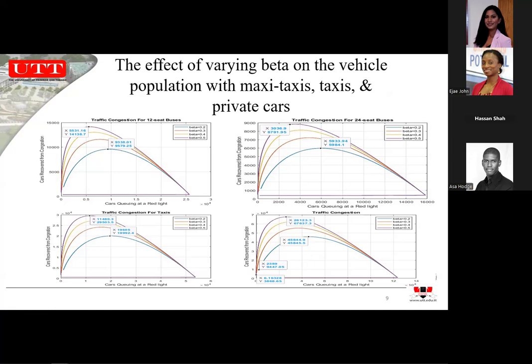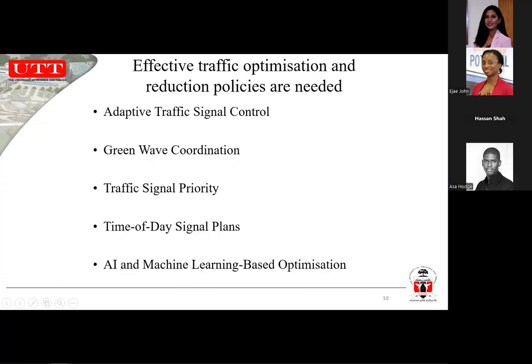So this is the whole idea of the SIR model, having something that slowly dies out as time progresses. So from each of our graphs, we saw that for a high beta value, the number of cars queuing at red lights decreases, where the 24-seater showed the highest decrease. So effective traffic optimization and reduction policies are needed.